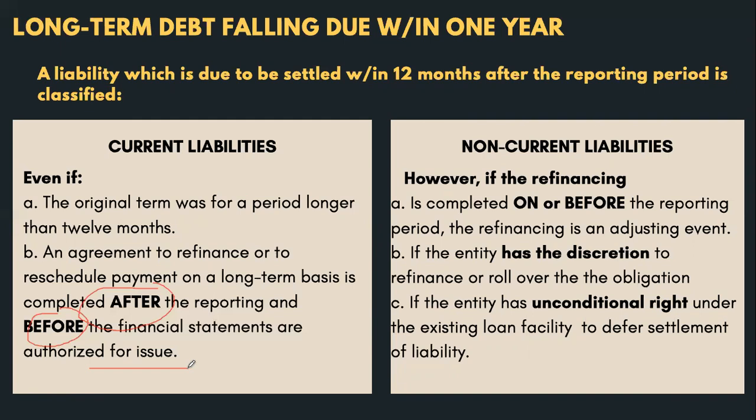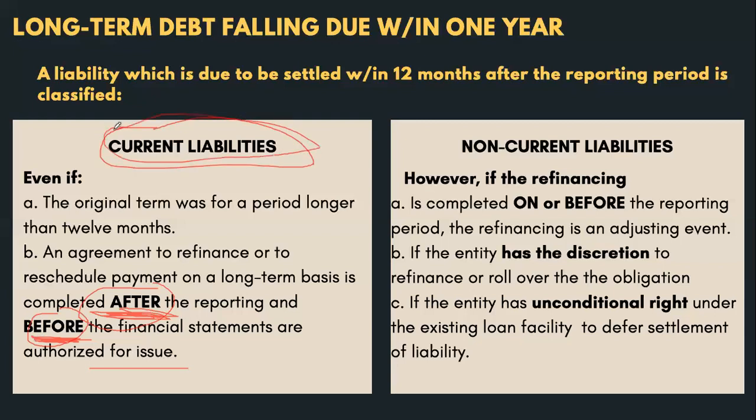Okay, kanus nag-agree ang parties? So if the parties agreed to refinance the long-term debt after the reporting period and before the financial statements are authorized for issue, therefore, the long-term liability or long-term debt is classified as current liabilities.